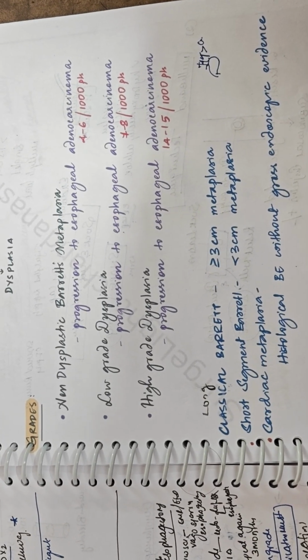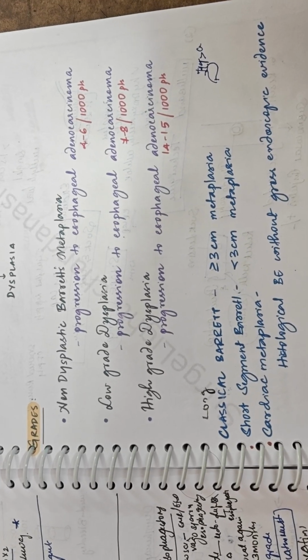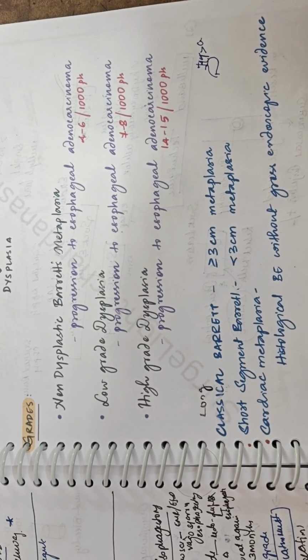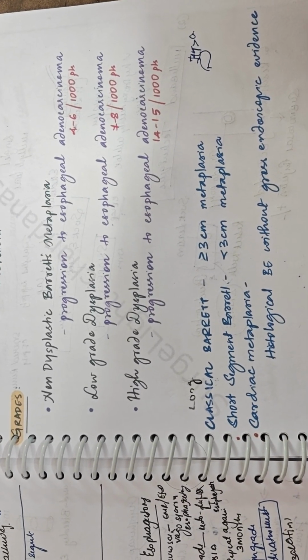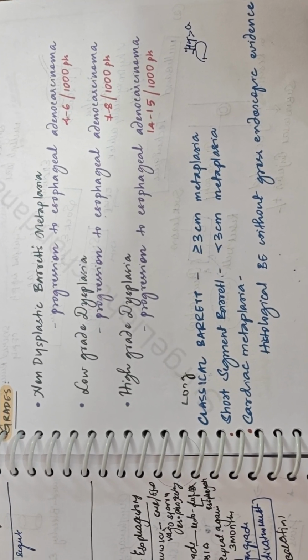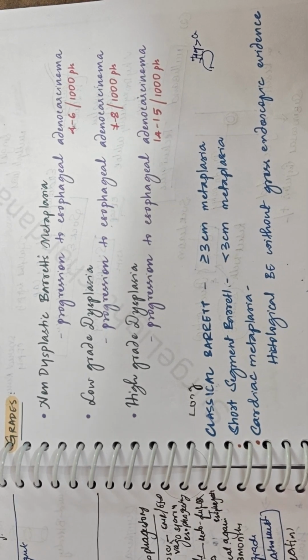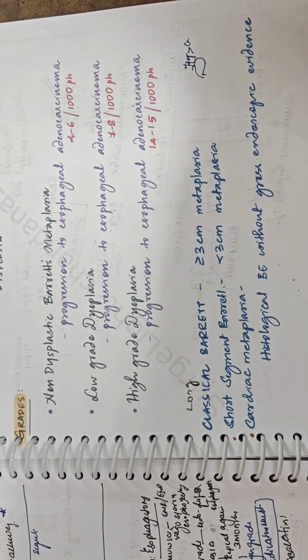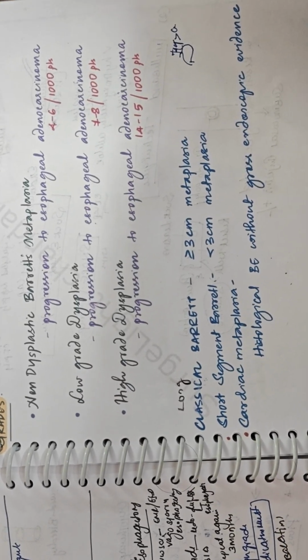If you look at 1,000 patients with high grade dysplasia, 14 to 15 patients go on to adenocarcinoma, and in 1,000 patients with low grade dysplasia, 7 to 8 patients go on to adenocarcinoma. With non-dysplastic Barrett metaplasia, it is 4 to 6 per thousand. That's all you need to understand.